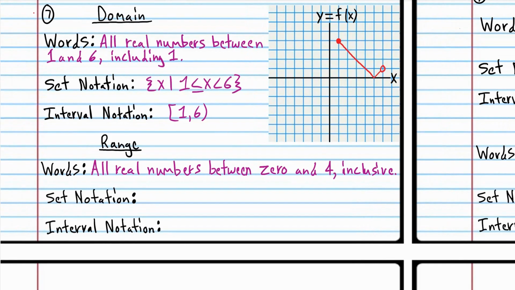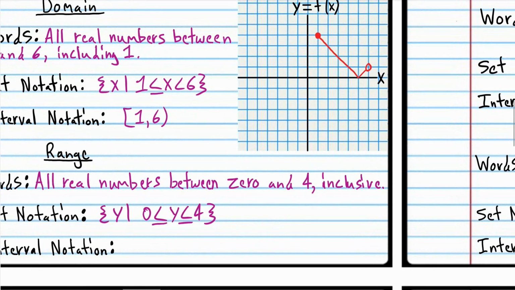So in set notation, we say that the range is the set of all y values such that y is between 0 and 4 inclusive. So we need less than or equal to symbols. Now this is an open dot over here, but we didn't use that point to find the range.